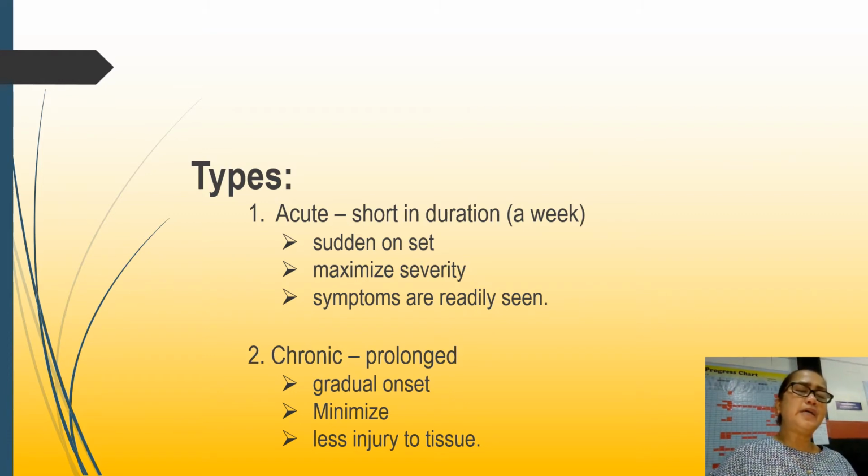Why? The person does not hospitalize yourself for how many years, diba? So it is acute. Karon lang. Why? Kasi sakit yan. But other than that, wala. And then chronic is prolonged, from gradual onset, with minimal and less injury to the tissue. That is your chronic. Okay. Question?